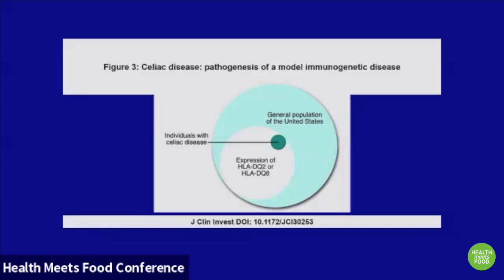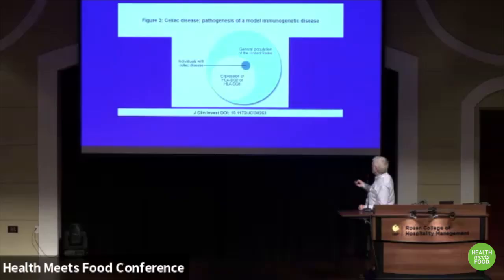But so this is a picture. This is the population of the United States. 40% of individuals in the United States have this HLA-DQ2 or DQ8, but all of those with celiac disease reside in this group. So if you're living out here and you don't have this, we really think you can't have celiac disease.